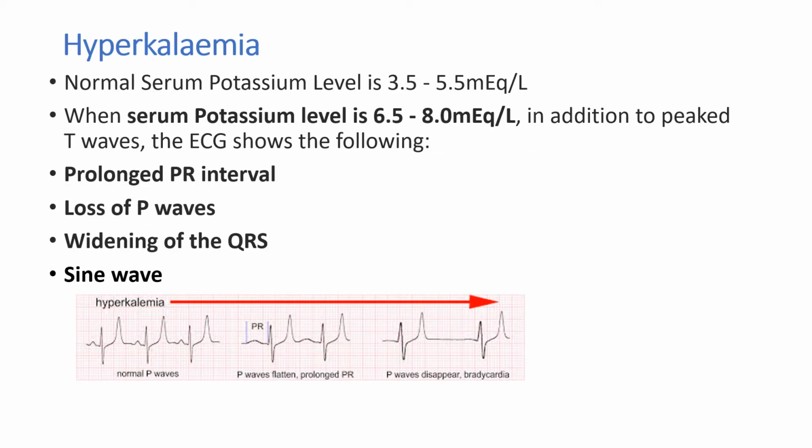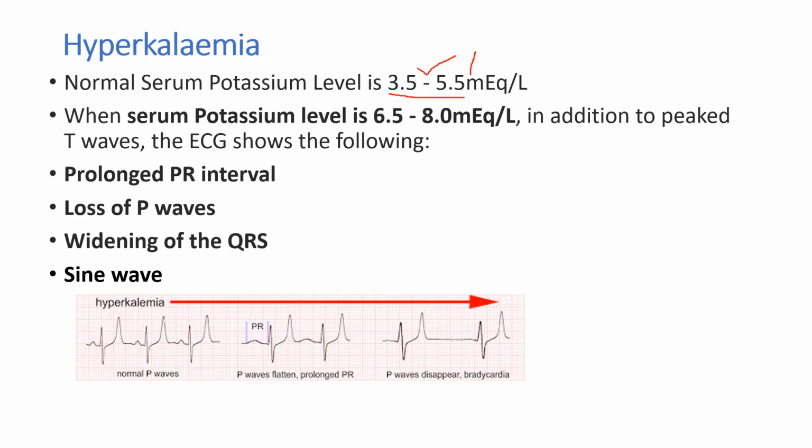Next is hyperkalemia. Potassium is the vital electrolyte for regulating normal electrical activity of the heart. Normal serum potassium level is 3.5 to 5.5 milliequivalent per liter, and hyperkalemia is defined as a serum potassium level of more than 5.5 milliequivalent per liter.